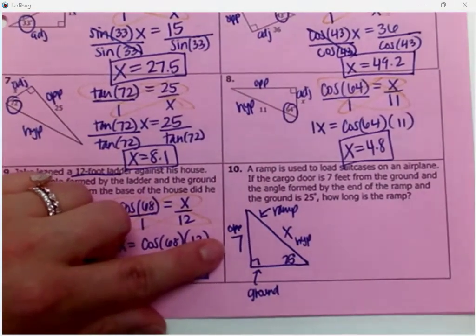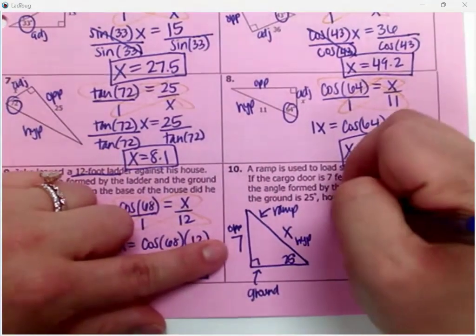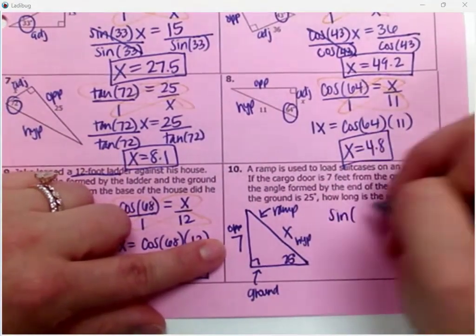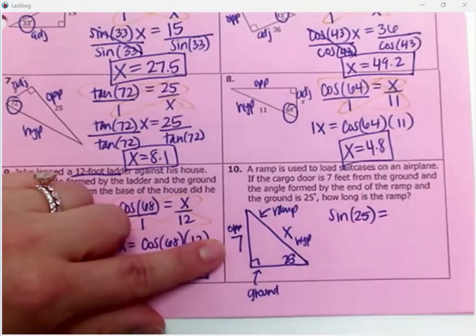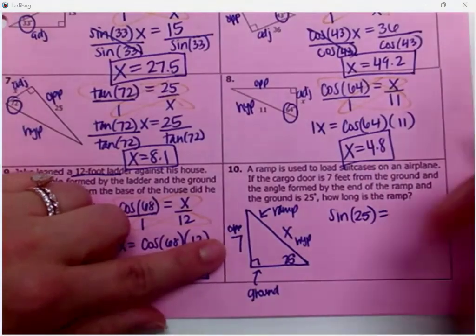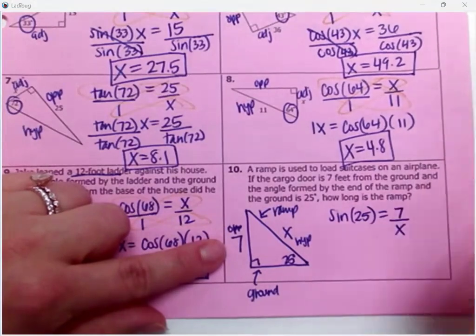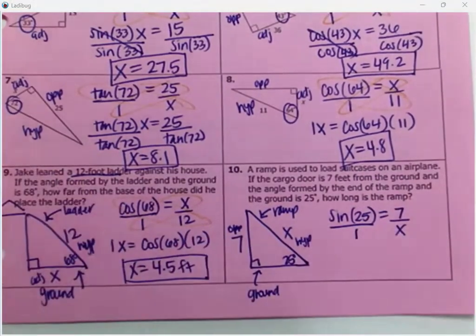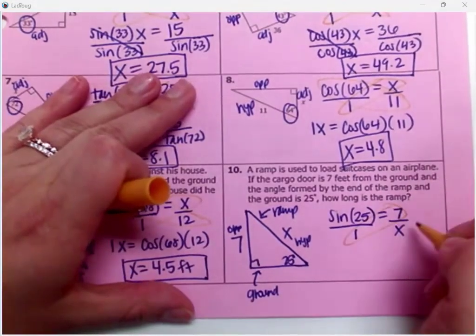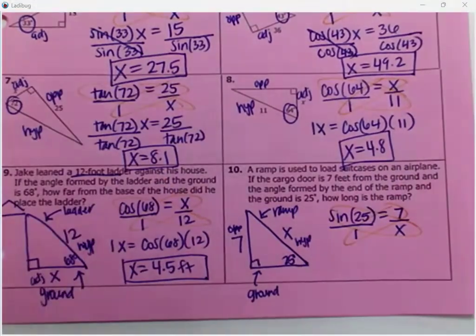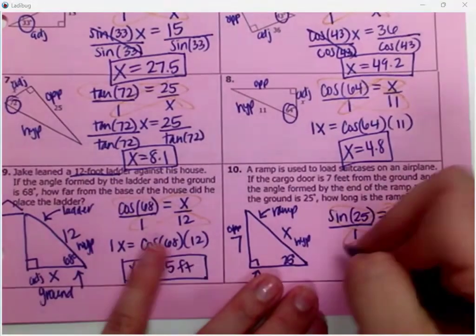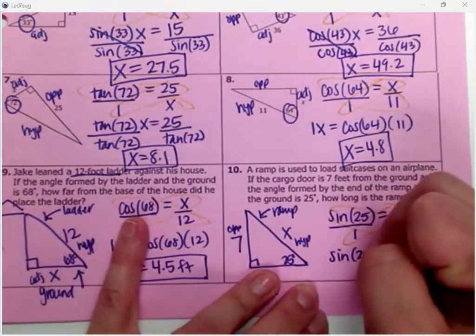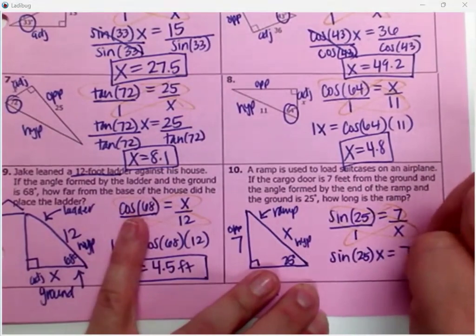Sine. Okay, sine. So I have sine of 25 equals 7 over x, because it's the opposite over the hypotenuse. That is correct. In this case, because x is in the bottom, we will have to divide. So that's going to give me sine of 25x equals 7.